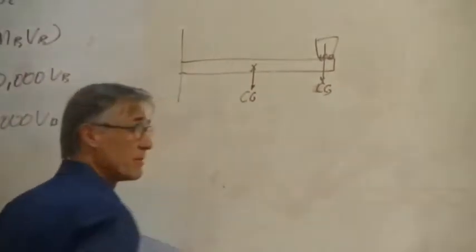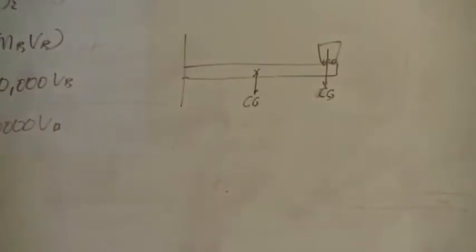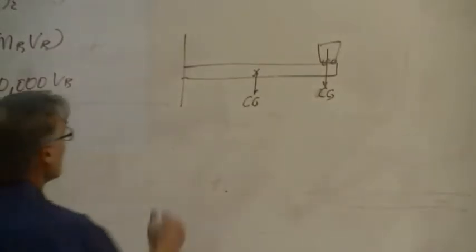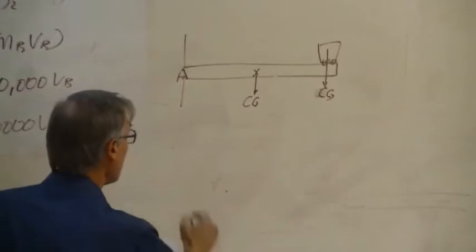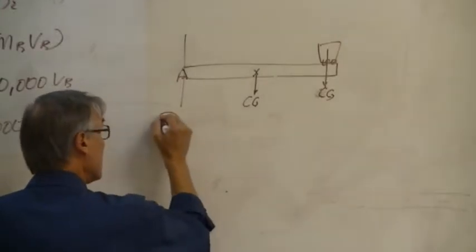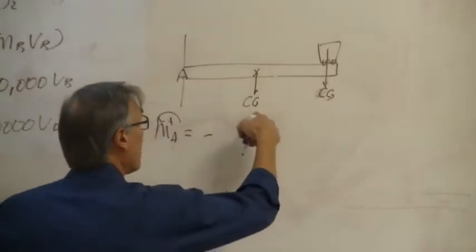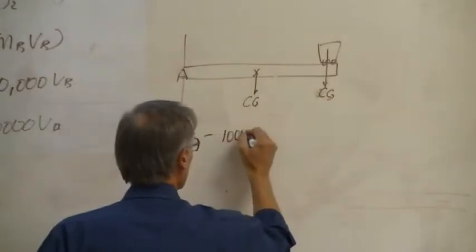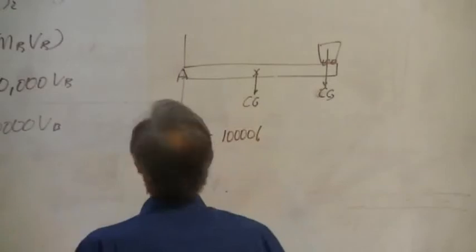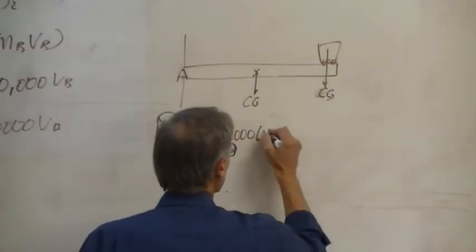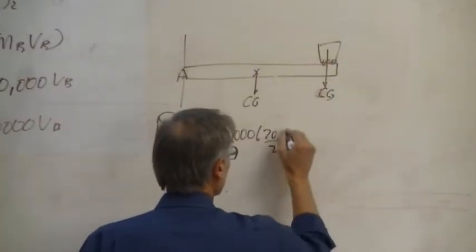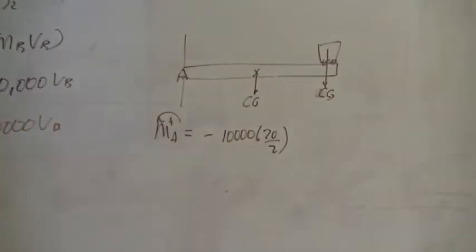Okay, so the weight goes down. You can take a moment about the end and say that the moment about A, statics, is equal to minus the barge, which is 10,000. And let's say that its total is 20 meters. That's okay. 20 meters over 2. Right? That's the moment of the barge.